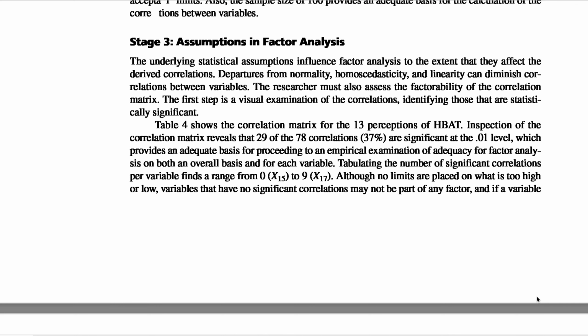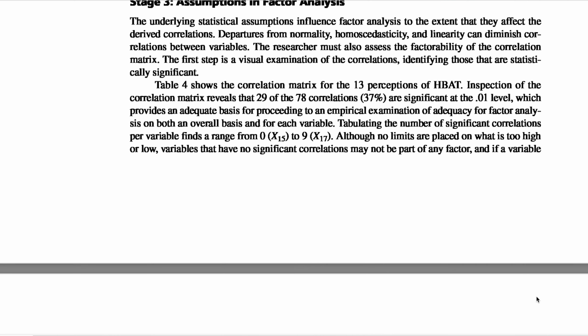The researcher must also assess the factorability of the correlation matrix. The first step is a visual examination of the correlations, identifying those that are statistically significant. Table 4 shows the correlation matrix for the 13 perceptions of HBAT.